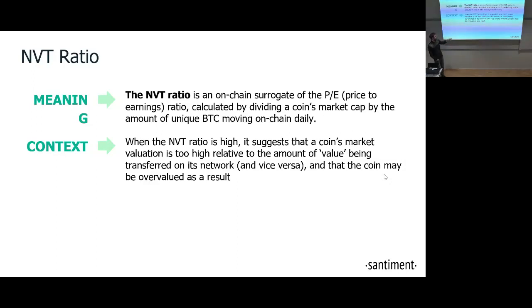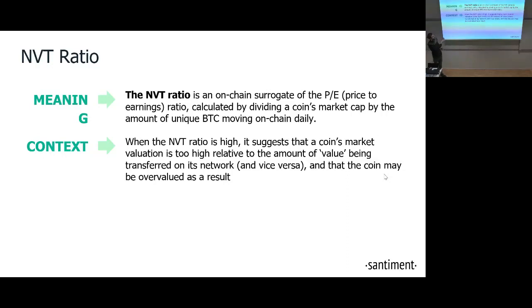So what we do with the NVT ratio is we divide a coin's market valuation by the total amount of unique tokens moving on the blockchain daily. What that tries to do is compare the total market cap or market value of a coin to the daily value transfer of that coin, which we are using here as a surrogate for earnings, right?